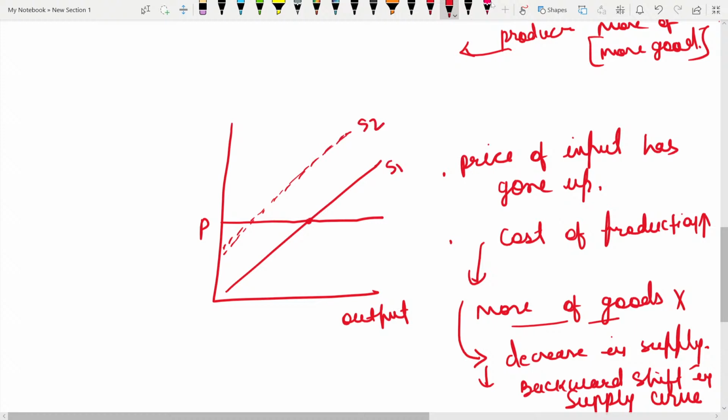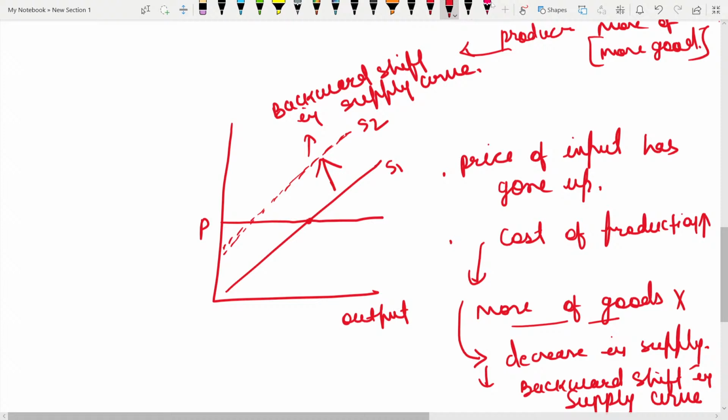This is S1, this is S2. So a backward shift in the supply curve. As we can see, this is the original Q1, that is the quantity supplied, and due to increasing cost of production, producers are now not capable to produce more of the goods.